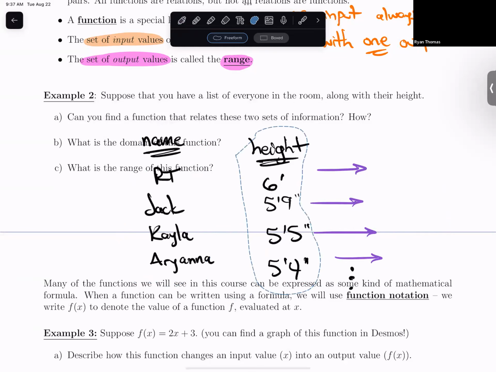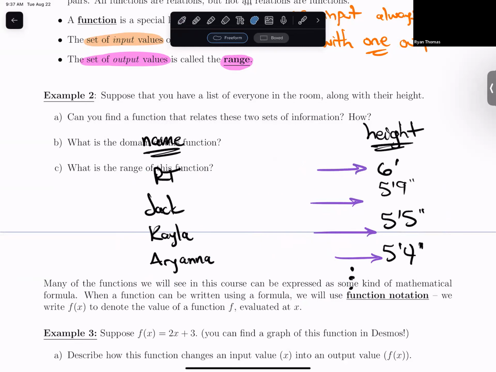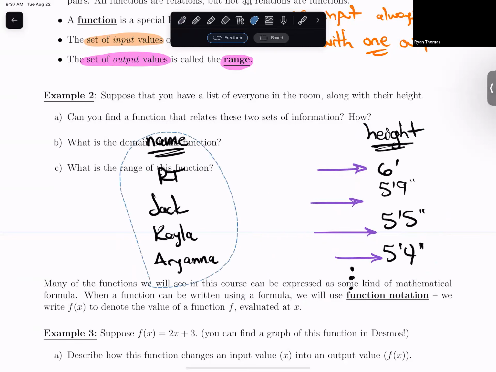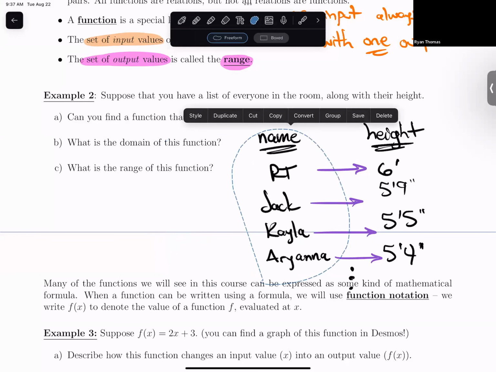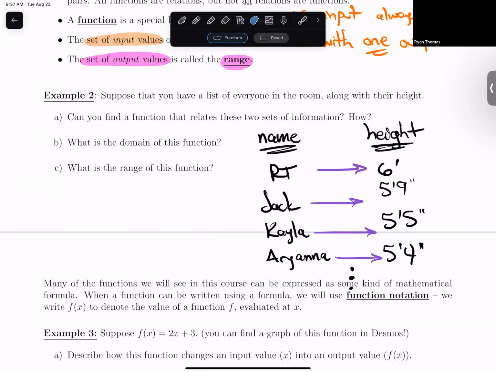Does it matter? Which way should we do it? And again, does it matter? Okay, if it's just those 4 people, me and Jack and Kayla and Ariana, does it matter? No, why not?